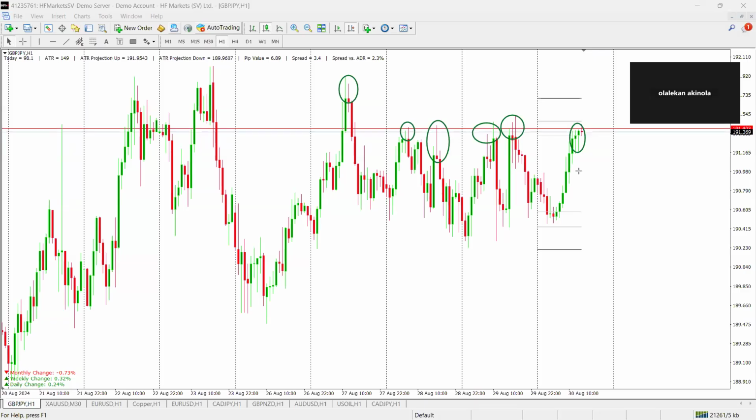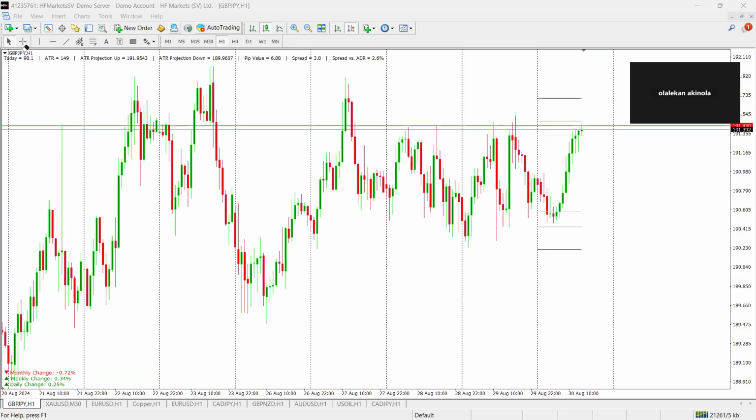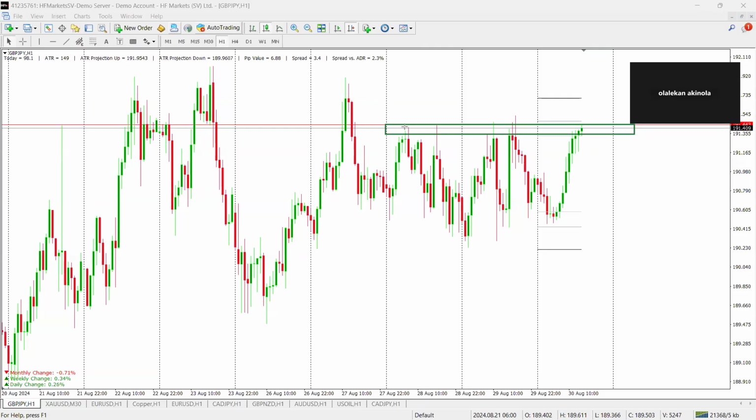It sounds funny, but psychological levels are levels that other traders like yourself can also point out and then use to make a decision, which means a lot of people can definitely see this, and they can see it for the past 3 days. From Wednesday, the first time price got here, we saw rejections.